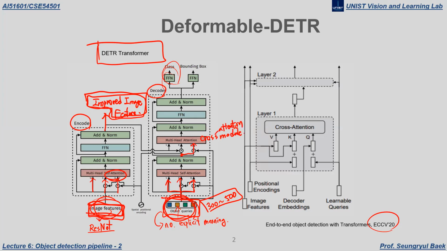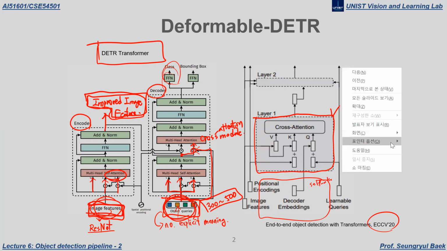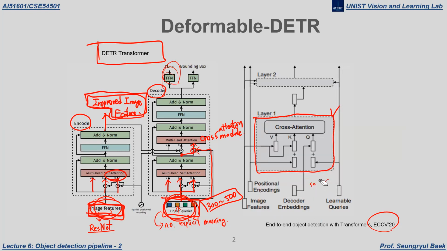And here, it is added with the original object query, right? So actually here, we are visualizing it like this. So this is the cross-attention module, right? And firstly, the self-attention module was here, but we skip it when drawing this figure.